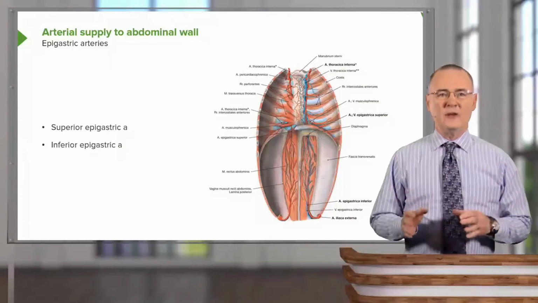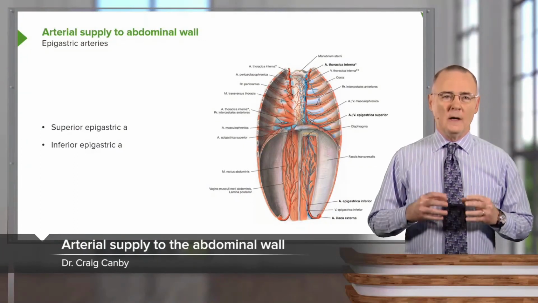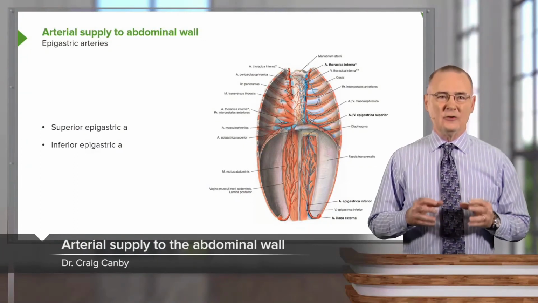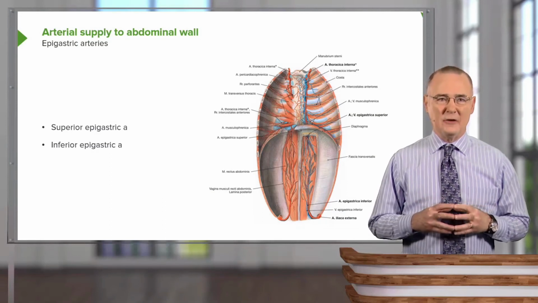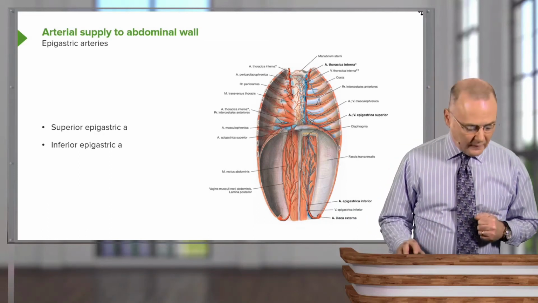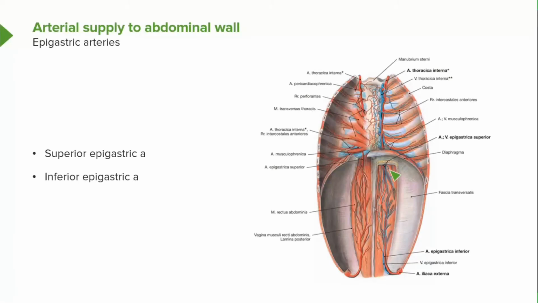And now let's transition to the arterial supply to the abdominal wall. This slide is demonstrating two arteries that run on the deep aspect of the rectus abdominis, and these are epigastric arteries. The first one is located right here, and you can see the rectus abdominis right along here.